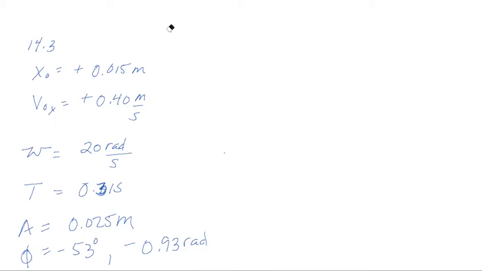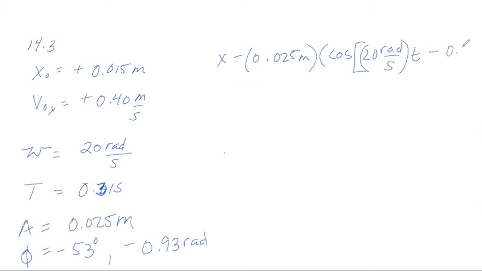We have x equals 0.025 meters times cos of 20 radians per second t minus 0.93 radians.